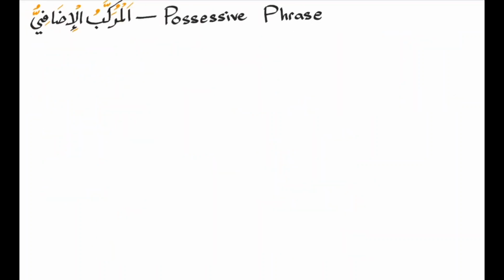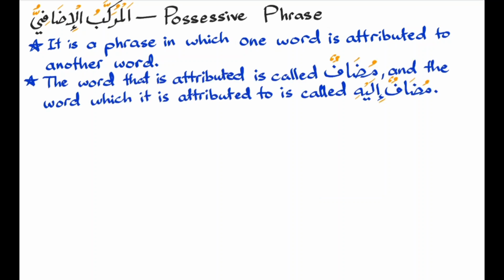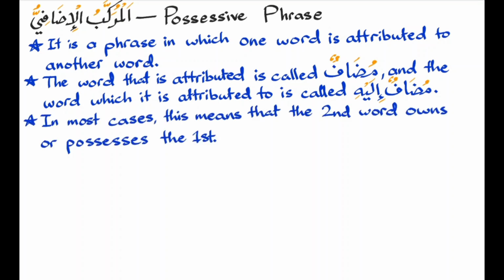The second type of al-murakkabu naqis is al-murakkabu idafi, which means possessive phrase. Al-murakkabu idafi is basically a phrase in which one word is attributed to another word. The word that is attributed is called mudaf, and the word which it is attributed towards is called mudaf ilayh.